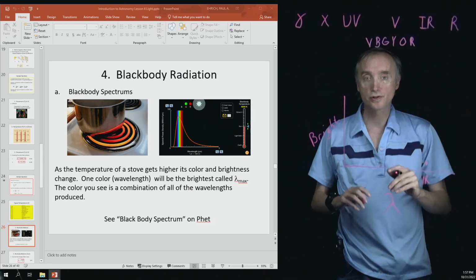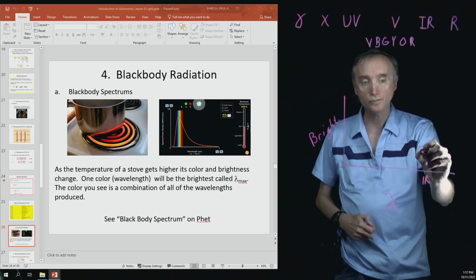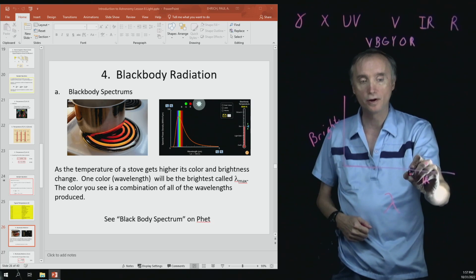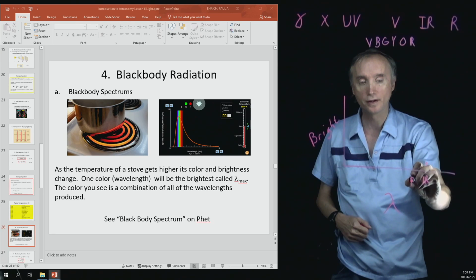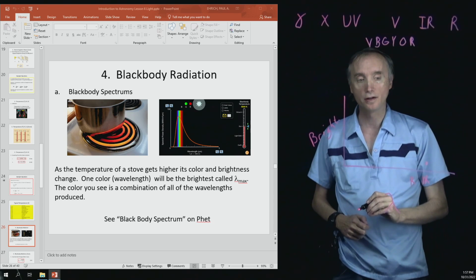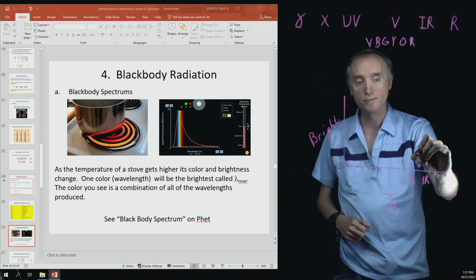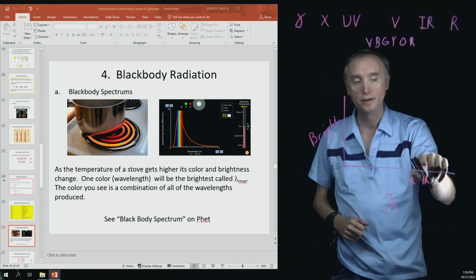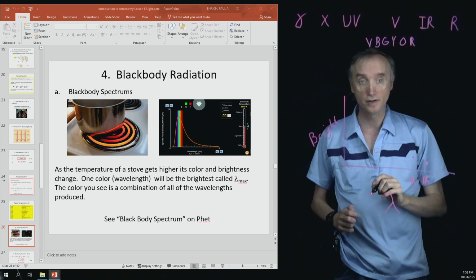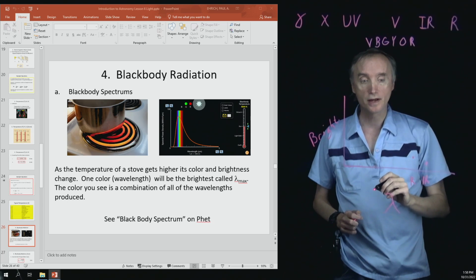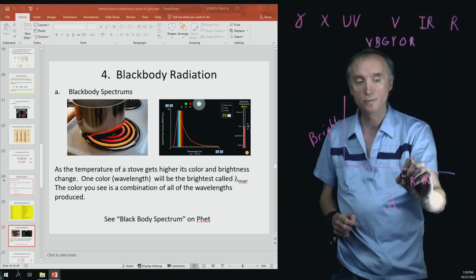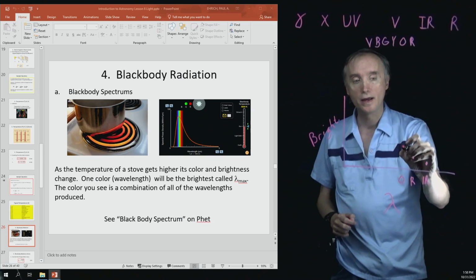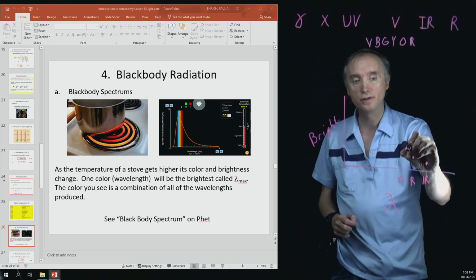Okay, then you start to see the red. So now let's go over here and let's say that this is the wavelength that corresponds to the color red, and so you're going to be able to see that. So I'm going to put it up a little bit higher than the infrared because it's now visible. And then we're going to take the orange, so let's put orange next to red, and then it's going to be higher still.